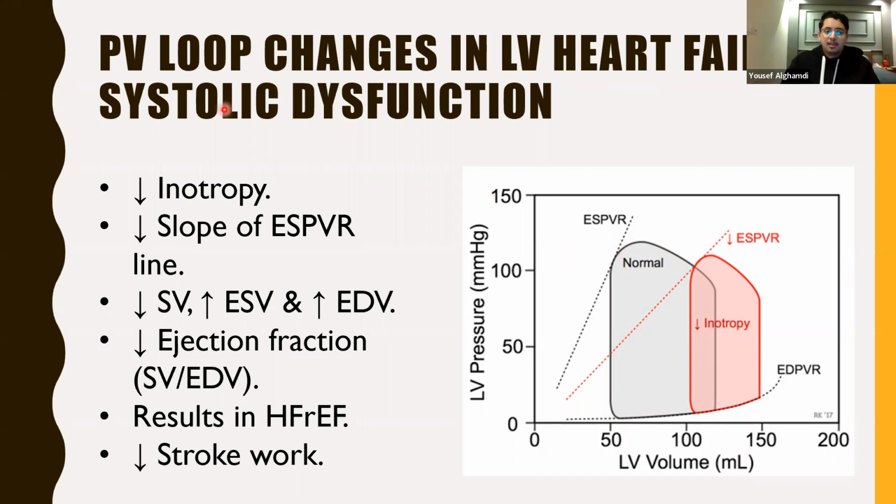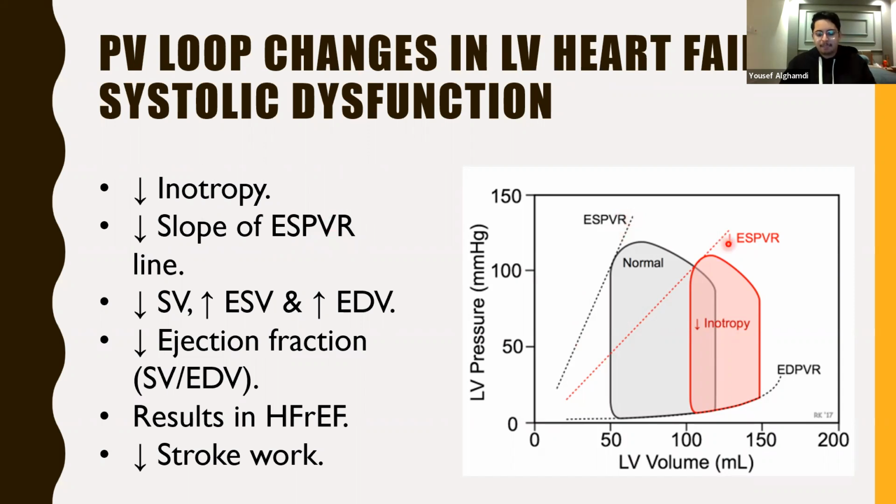Okay, so your pressure volume loop changes in left ventricular heart failure or your systolic dysfunction. You will have decreased inotropy. You will have a decreased slope for the end systolic pressure volume relationship. So this is the normal, the slope will go down.